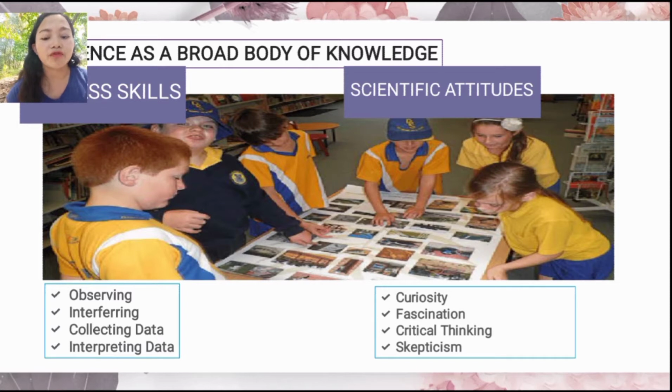And after that, curiosity, because of course they're going to discover, so they are fascinated. And then they also have critical thinking, because they have to critique if that animal really belongs to that. And when they critique, of course skepticism is involved in that attitude.